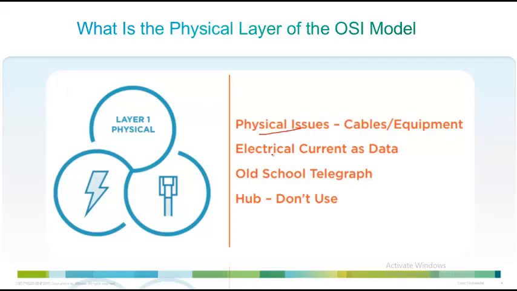So the physical layer understands that there is an internet signal coming in the wire. For example, if I connect a wire to my laptop, immediately my laptop will recognize that there is an internet signal coming, and it will connect to the signal for communication.